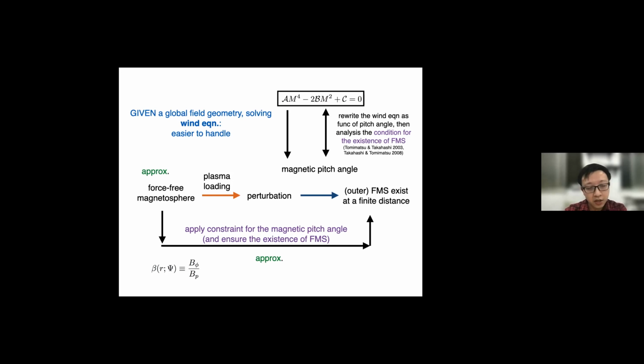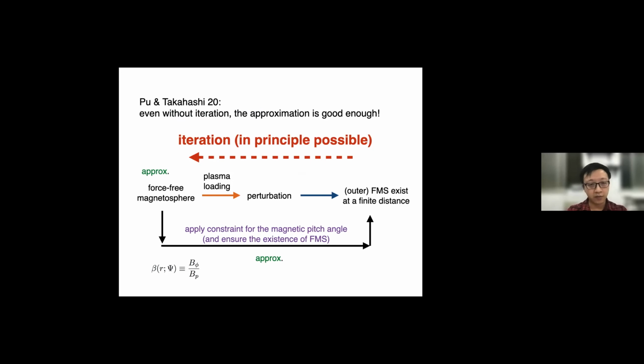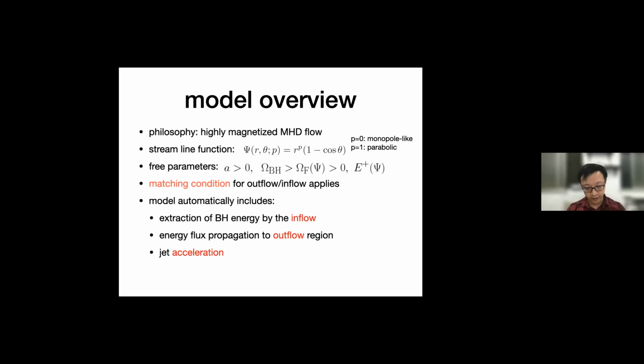In general, we can do this many times and find a consistent solution. However, it seems that even without iteration, the approximation is good enough. So I would like to show you why and the corresponding results.